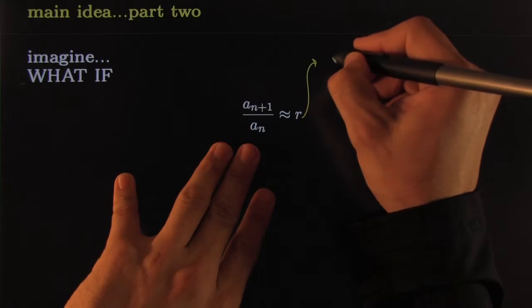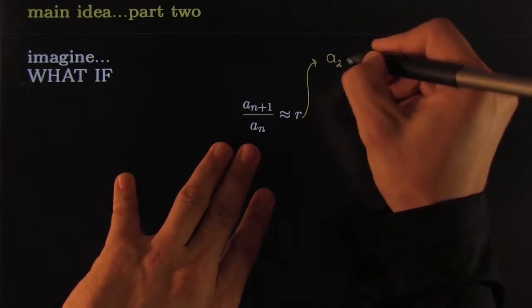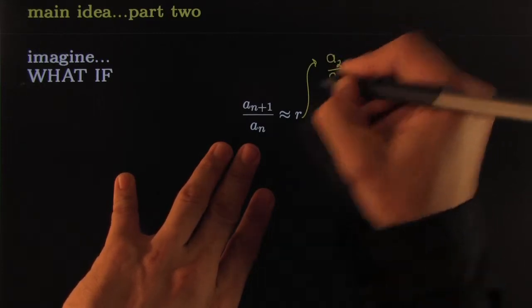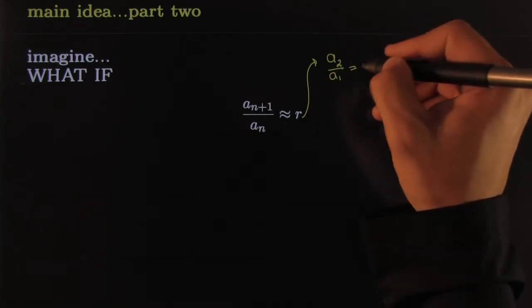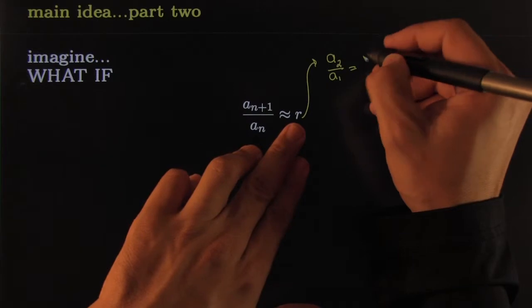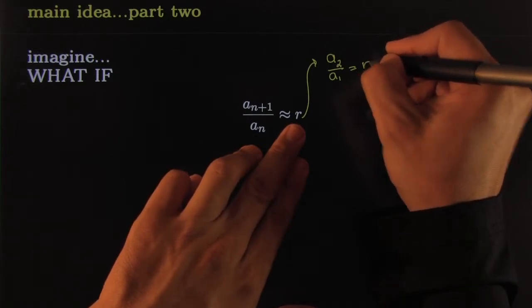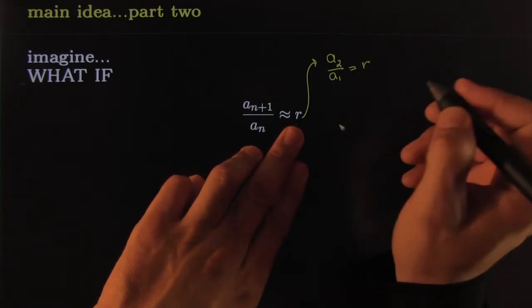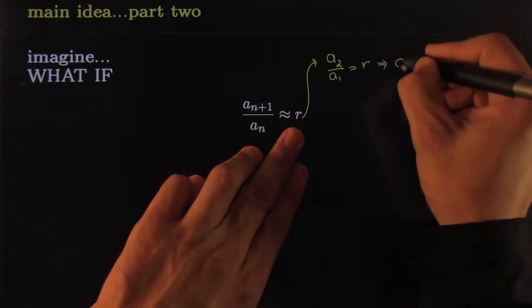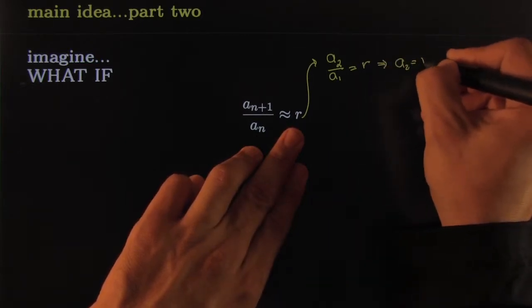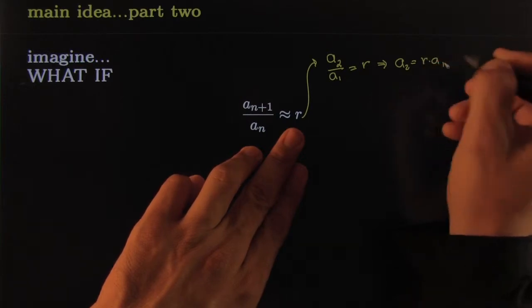This statement, for example, would tell you that a2 over a1, that's when n is equal to 1, is equal to some constant r. You could pick whatever you want, I'll just leave it as r. That would tell you that a2 over a1 is equal to r. That in turn implies that a2 is approximately equal to r times a1.